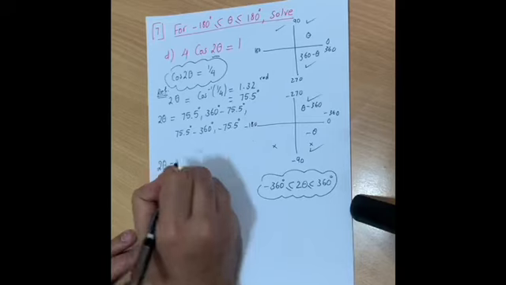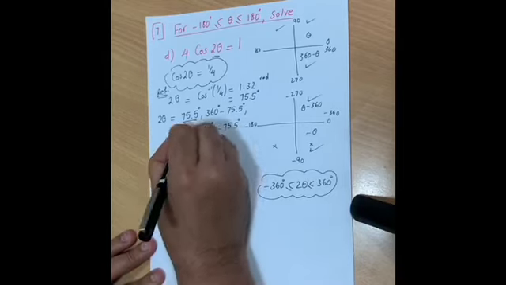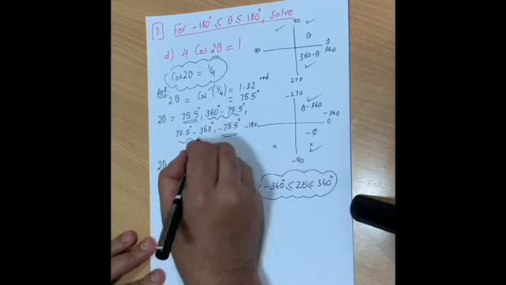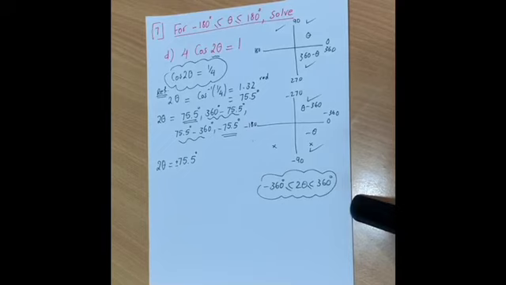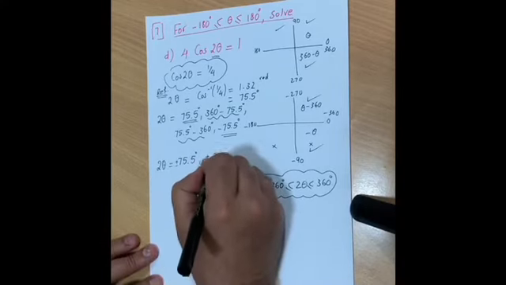Then 2 theta equals 75.5, positive and negative. These two angles are the same, but they have different signs. And even these two expressions will give you exactly the same answer. So 360 minus 75.5 is equal to 284.5, positive and negative.